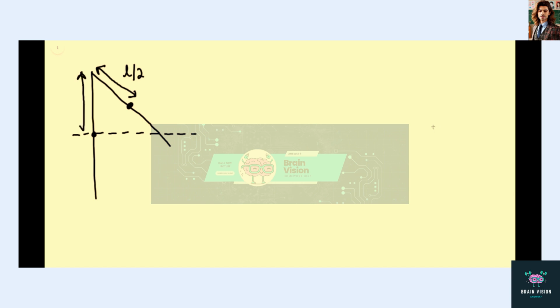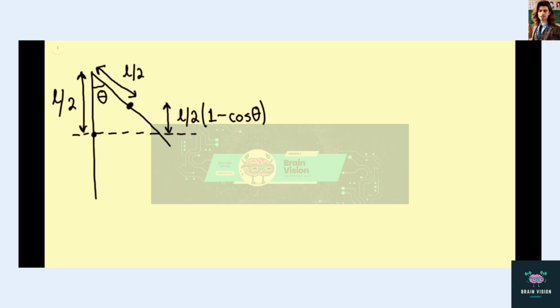From this distance to this distance, this is L over 2. Again, this is not drawn to scale. We have an angle here, theta, and we can say from this distance to this distance, this would be L over 2 times 1 minus cosine of theta.